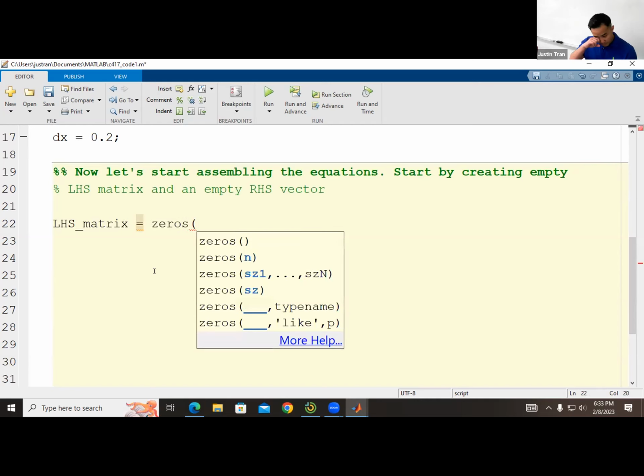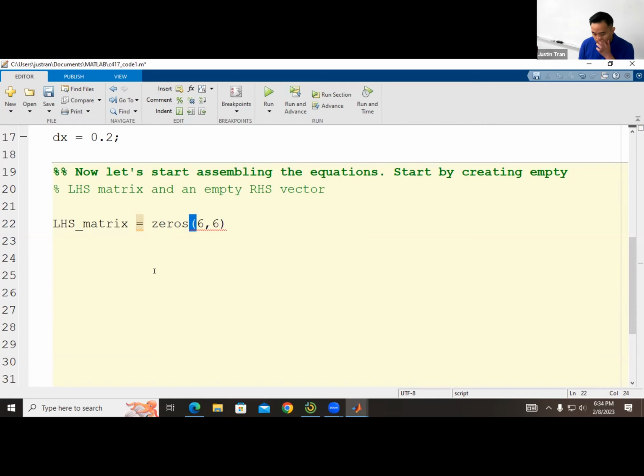Okay. And if we look at the size of our matrix here, we actually have six rows and 6 columns. And so this is going to be 6, 6. Okay. And our right-hand side vector is a column vector. And so it's going to be zeros 6, 1.